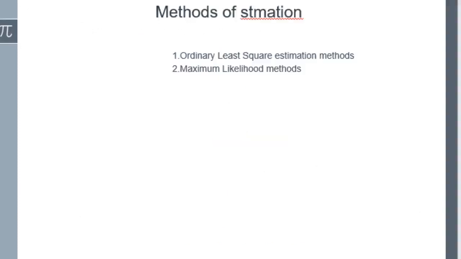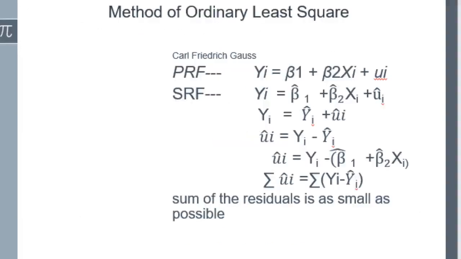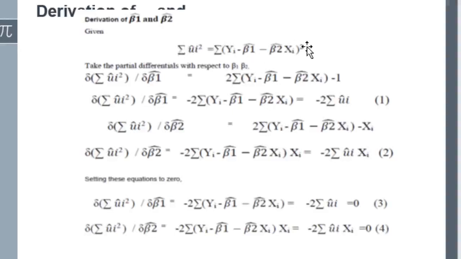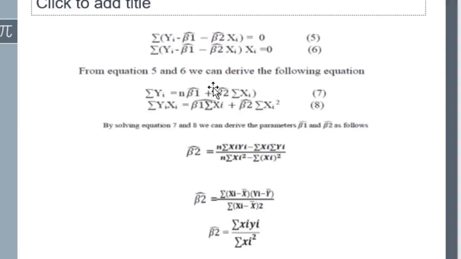The first step is to take the least square equation. The second step is to take the partial derivatives with respect to the two parameters beta 1 and beta 2. The third is to equate them to 0. Then distribute sigma and take the two equations. By solving these two normal equations, we can find the values of beta 2 cap and beta 1 cap.